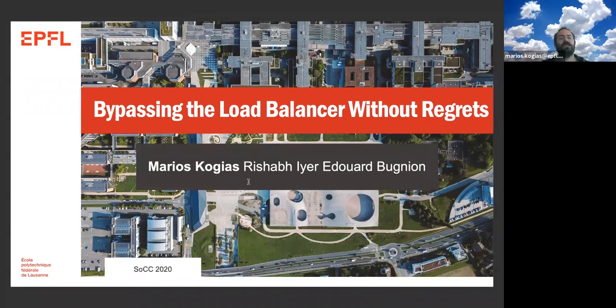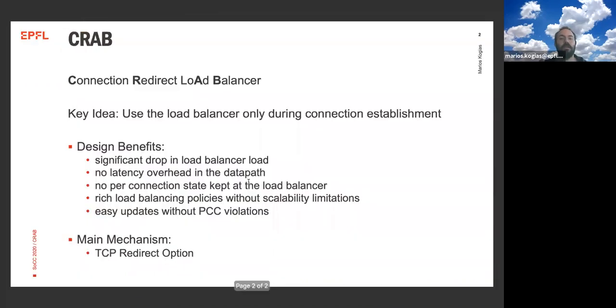The load balancer should also add minimal latency overhead on the data path, so we don't want to increase the end-to-end latency because we load balance a service. And the last thing is that we should have a load balancer that allows updates to the server pool without breaking per-connection consistency. So let's see how we dealt with these challenges.